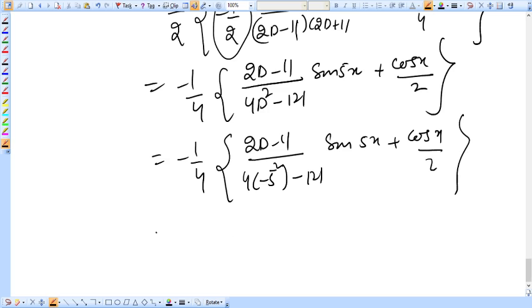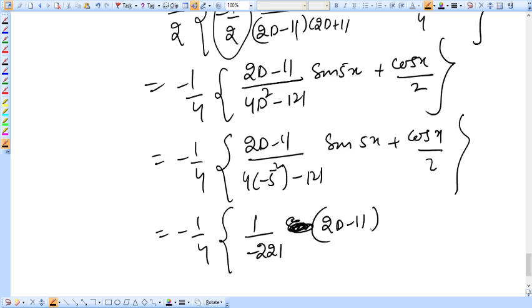Okay, so minus 1 by 4. So solving this, it would be minus 100. Okay, minus 100 minus 121, which is equal to minus 221. Okay, into 2d minus 11 sine 5x plus cos x by 2.